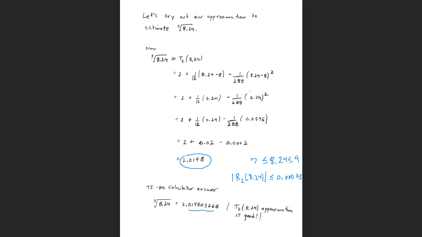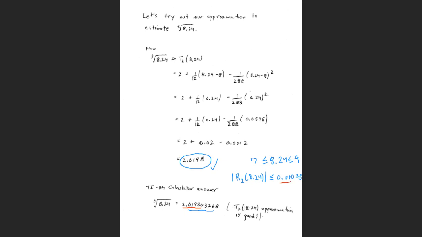So our answer's pretty good. We have agreement to the 10,000ths place. And actually, that's what we would expect based on the error bound.